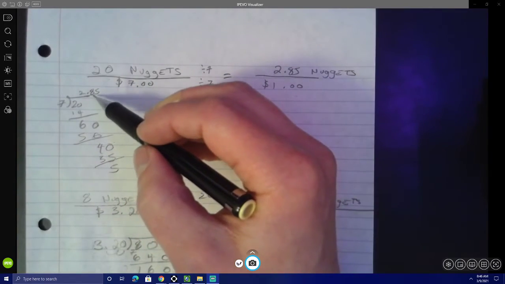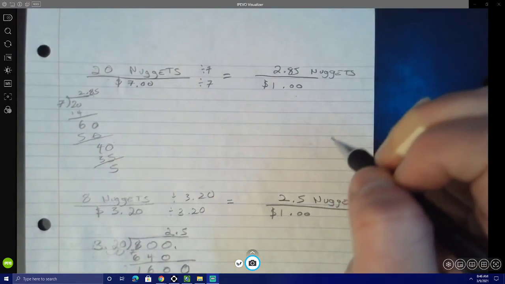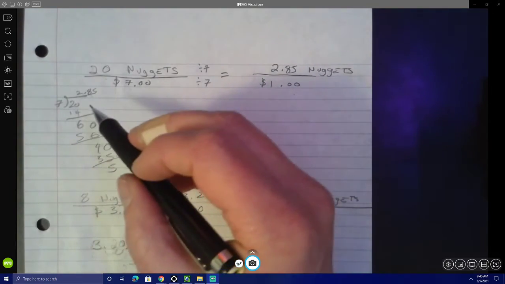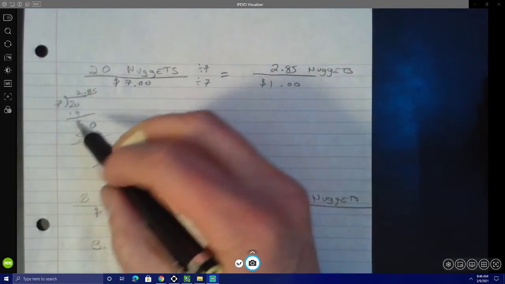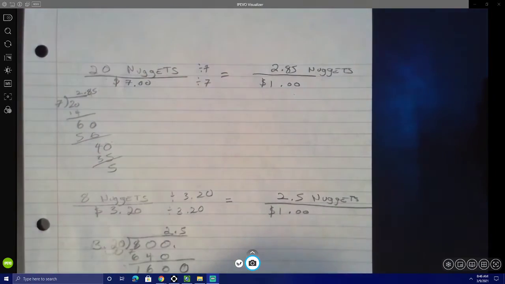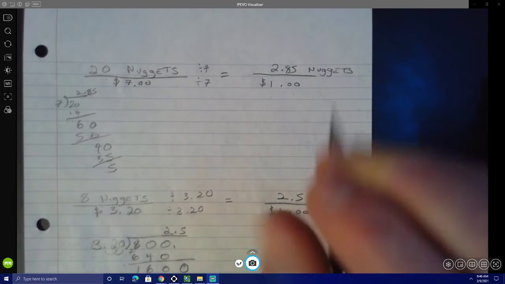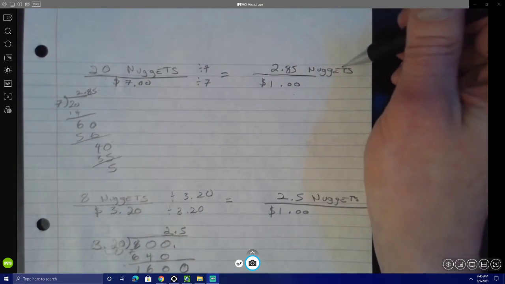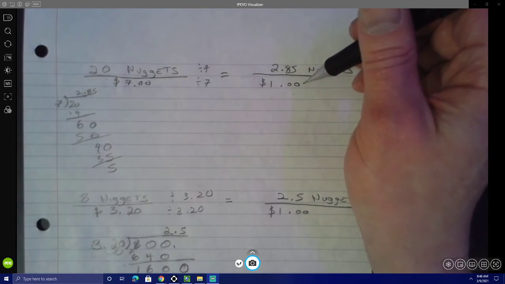I know 7 can go into 40 5 times, and that would give me 2.85. We can stop here at 2 decimal points. We don't need to go much further than that for these problems. So in the first one I see we have 2.85 nuggets for every $1 spent.